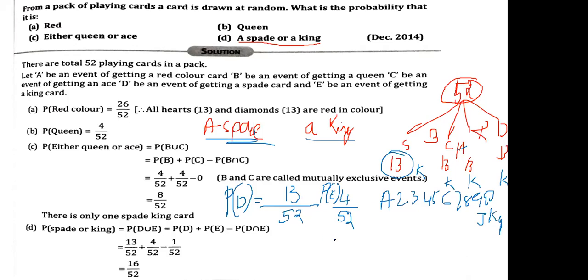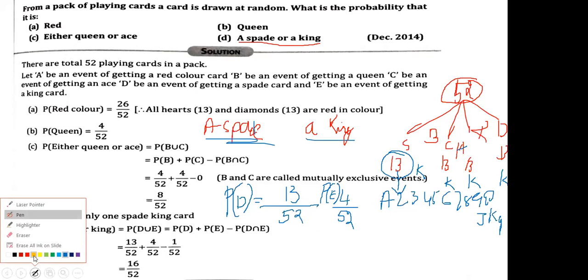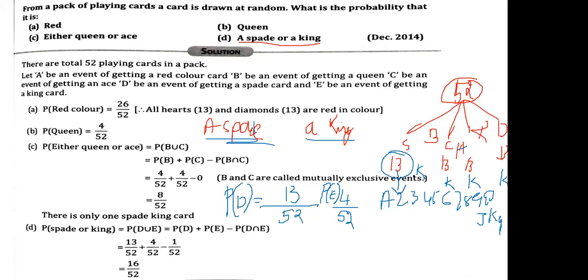Okay. Now, let us see, is there anything common between a spade card and a king card? Now, spade is a set of cards, right? This set of cards also has all the 13 numbers starting from A, 2, 3, 4, 5, 6, 7, 8, 9, 10, J, K, Q. So this set of spade cards also has a king, correct?